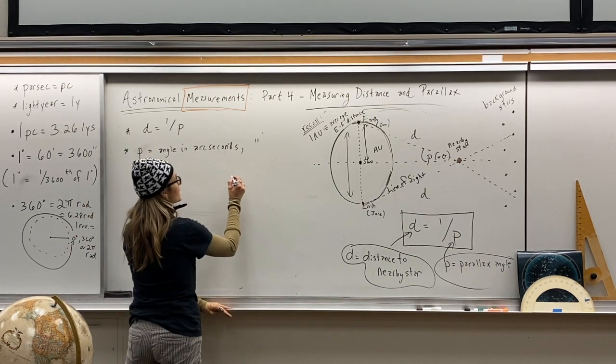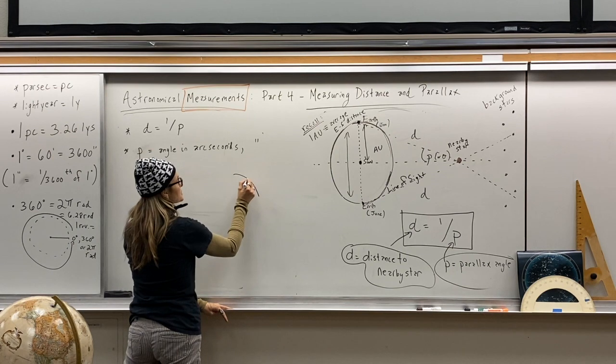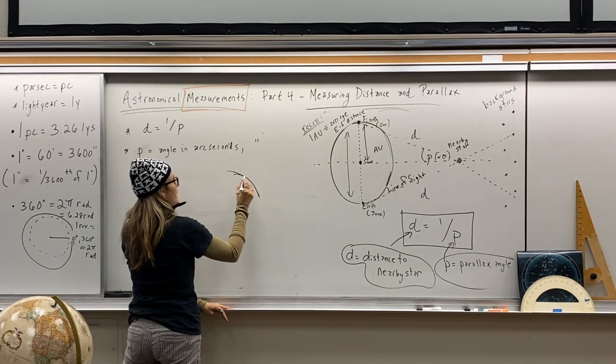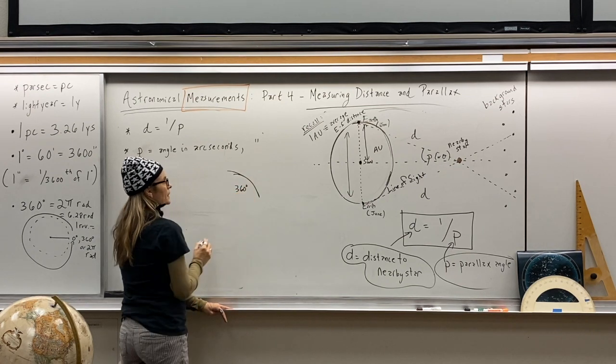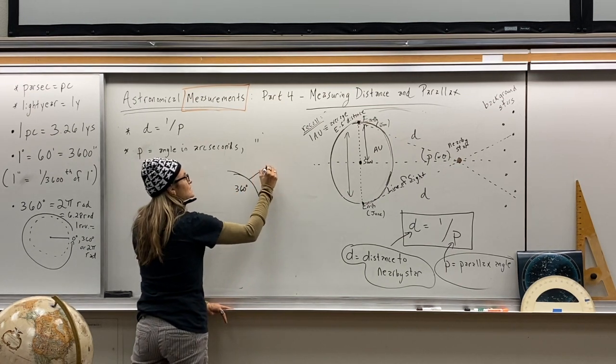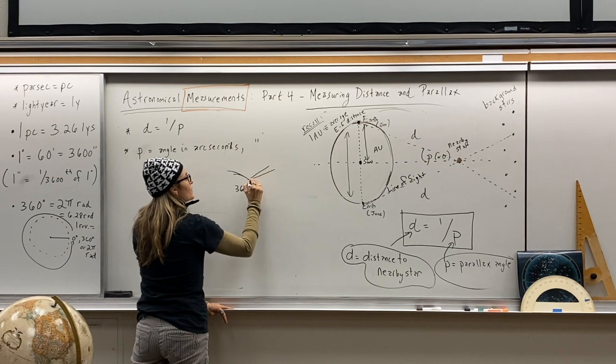So again, if we look at this, here we are on the surface of the Earth, and we know this is 360 degrees. You take a little slice, like a 1 degree slice.